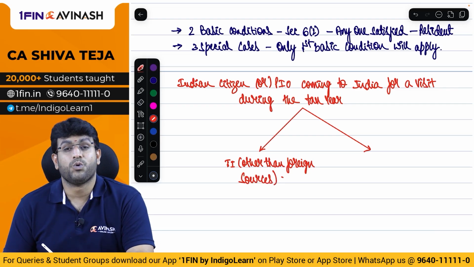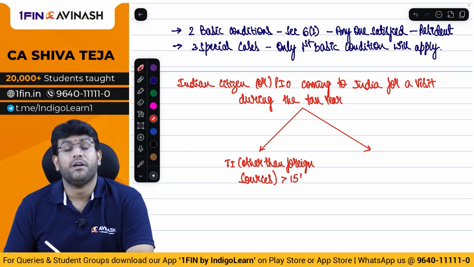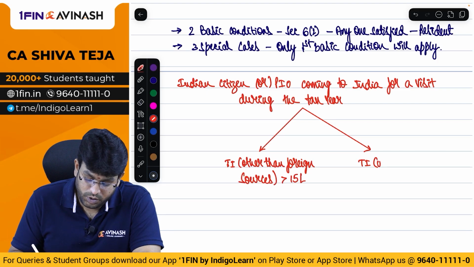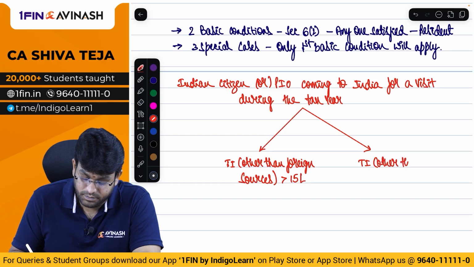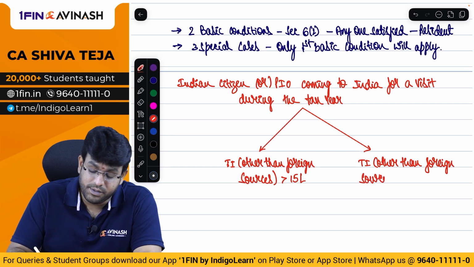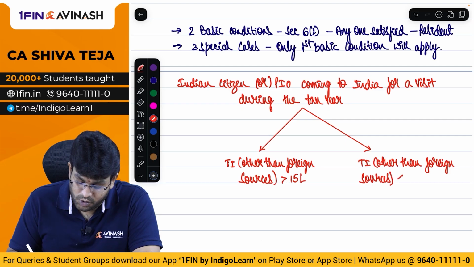Come on, what is the line? Total income other than foreign sources is greater than 15 lakhs. Total income other than foreign sources does not exceed 15 lakhs.